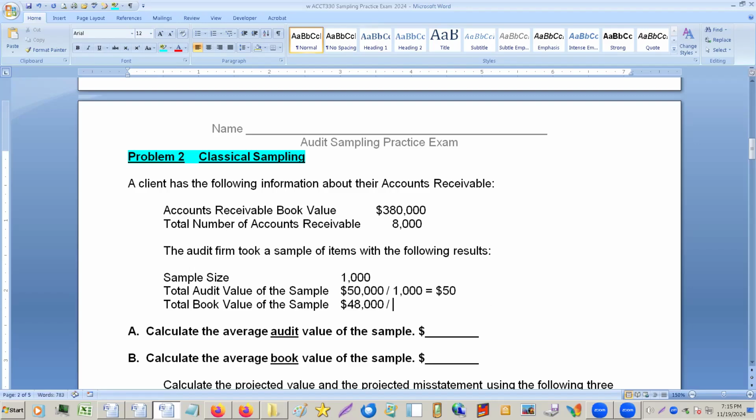By the way, on the CPA exam, oftentimes these are given in multiple choice form.